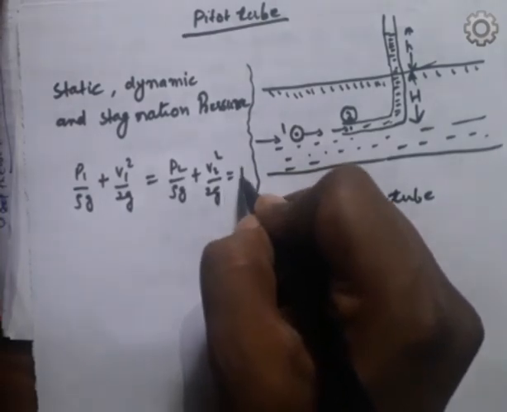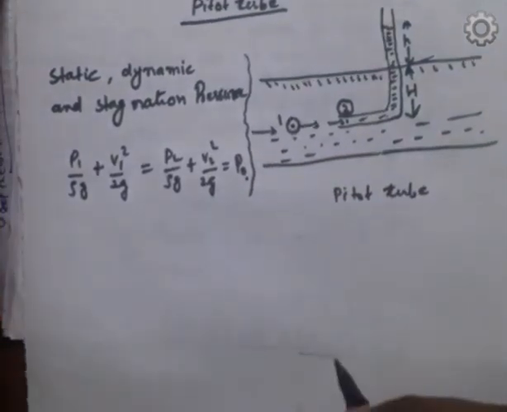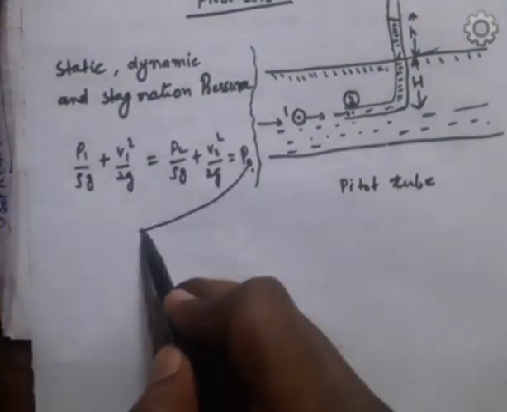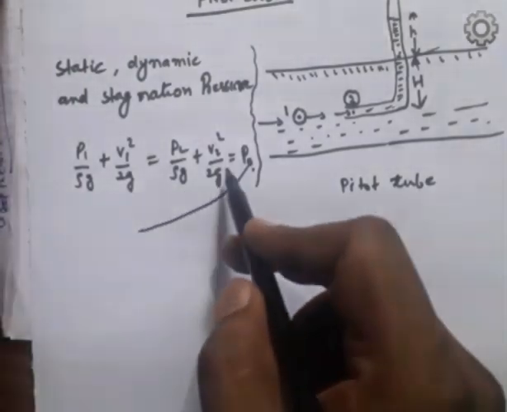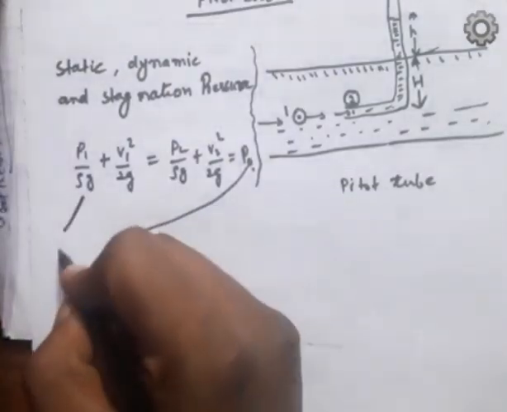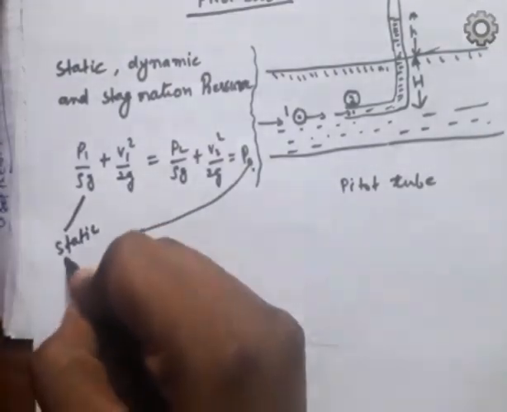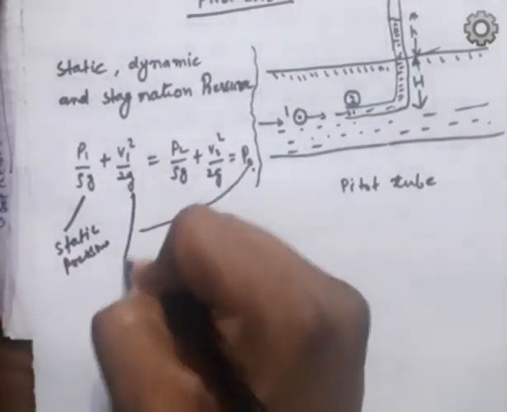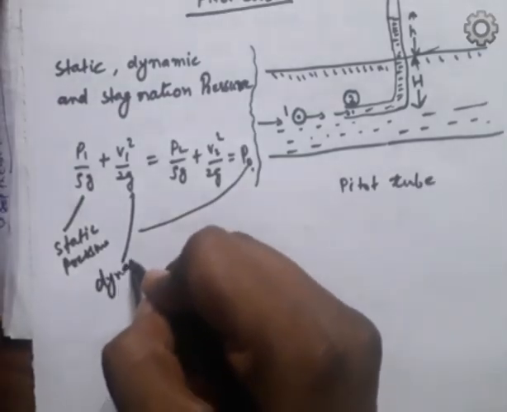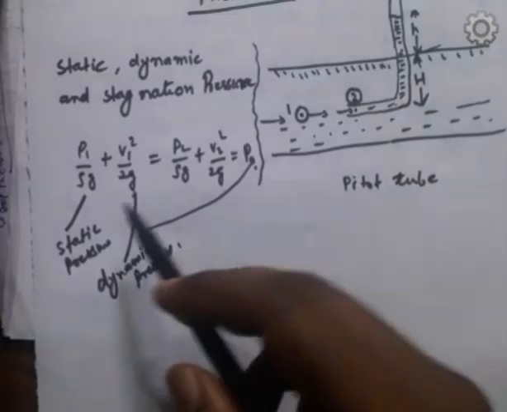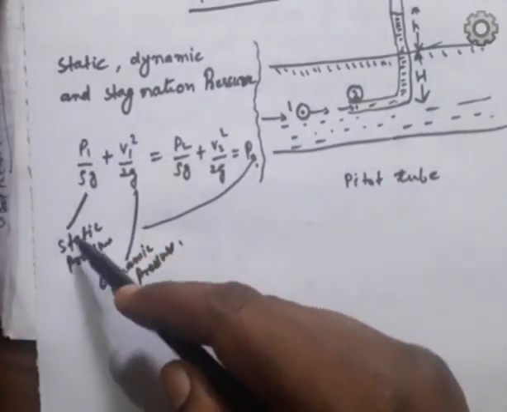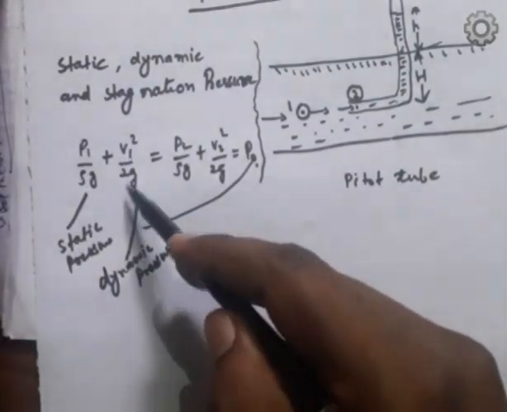If it is equal to P naught, then P naught is the sum of static pressure and dynamic pressure. This is called static pressure, and this is called dynamic pressure. So P1 by rho g is called static pressure, and V1 square by 2g is dynamic pressure.